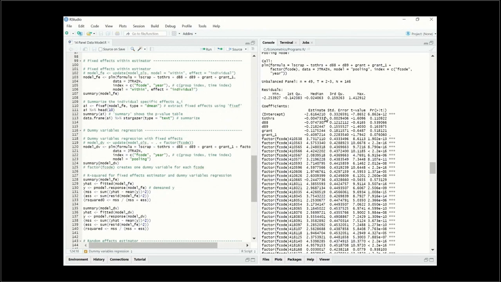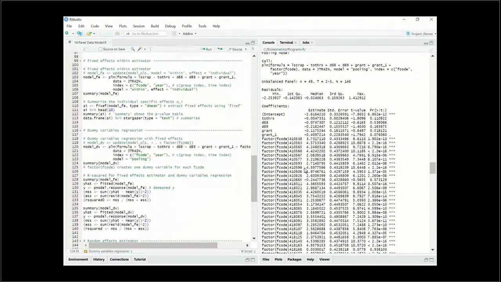But here, the way we would estimate this model is that if total hours increases, in this case, we don't have significant differences in terms of scrap rates for the firm. And here's this factor F code. These are the dummy variables that are now included in the model. And we have a coefficient estimated in here for each of the dummy variables.